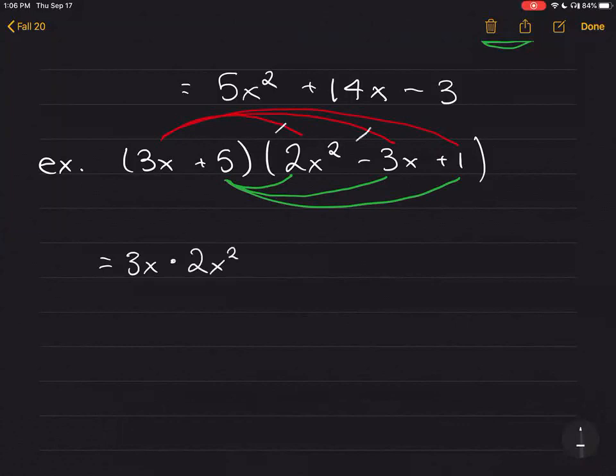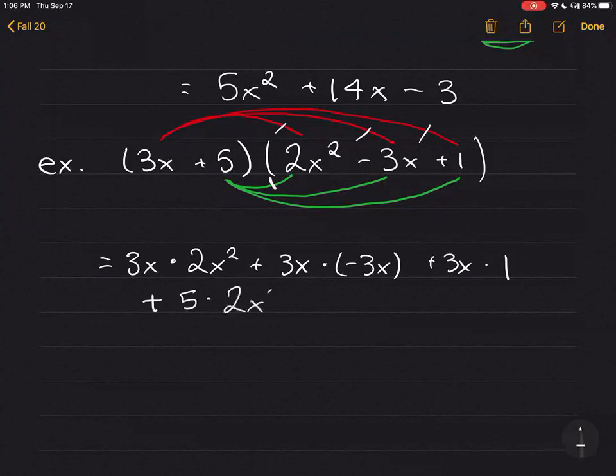For this second red line right here, we get plus 3x times negative 3x. And then for this third red line, we get plus 3x times 1. And for the green, this first green line is 5 times 2x squared. The second green line is plus 5 times negative 3x. And this last green line right here becomes 5 times 1.